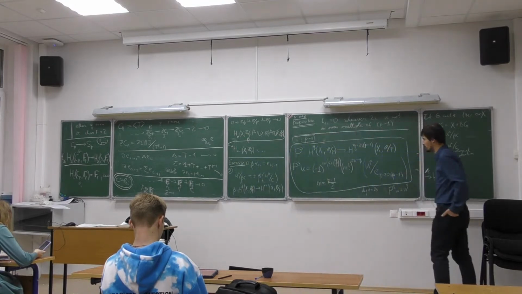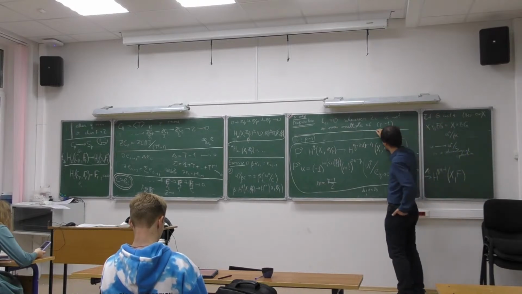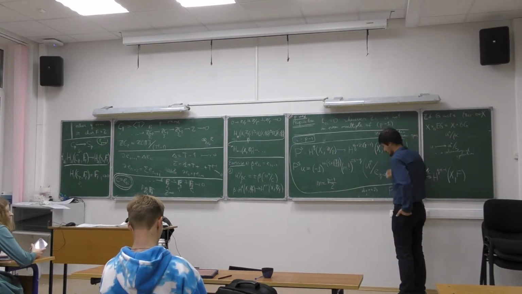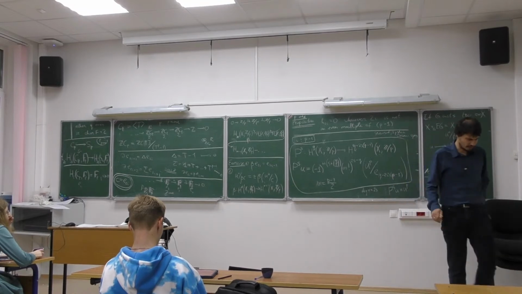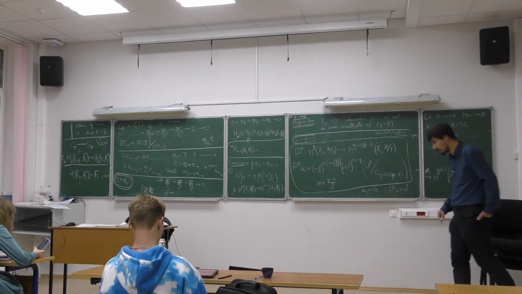There are two good sources where you can read this. One of them is a book by Steenrod and Epstein, Cohomological Operations, or Introduction to Cohomological Operations, I don't remember exactly. Another is several original papers by Steenrod, which are also very well written.